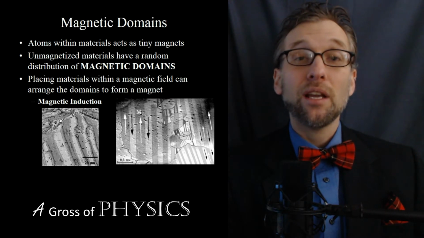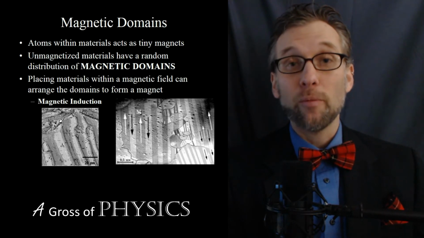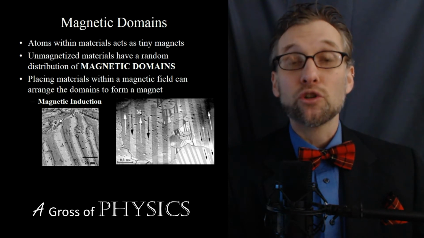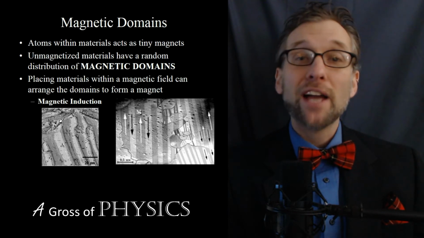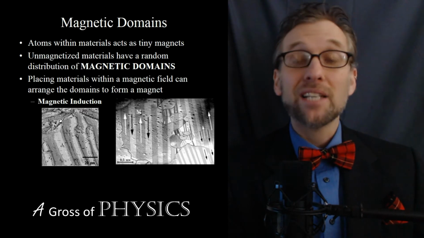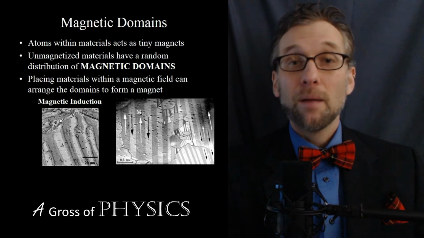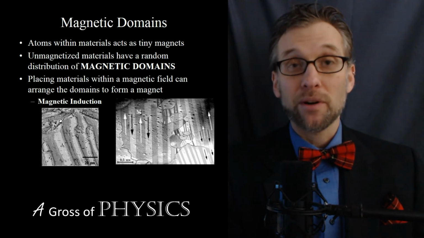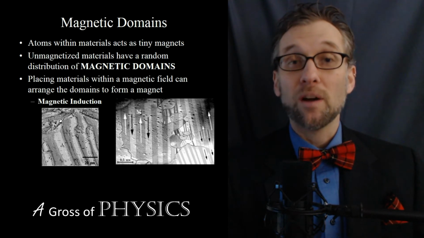You can actually strengthen the magnetic domains of certain materials by putting them within a really strong magnetic field. In fact, you could even magnetize a paperclip or something like that that does not have naturally magnetic properties by placing it near a very strong magnet.